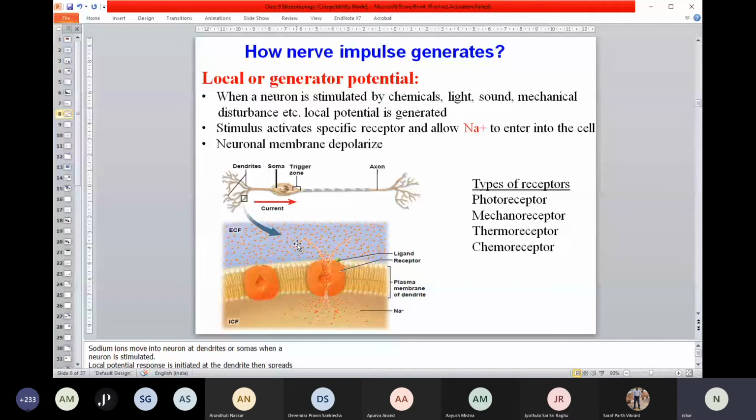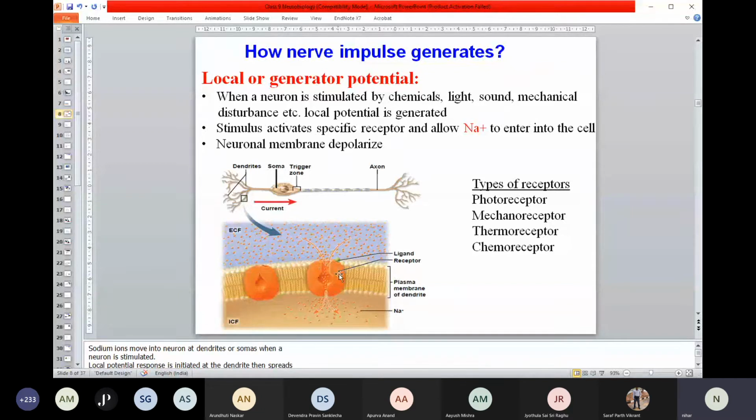You can see in this picture another example, the case of taste. Whenever you feel sweet, bitter, or sour, just think of sugar. You take sugar and you feel sweet. The sugar molecule comes and binds with a specific receptor present on the taste buds of your tongue and activates those receptors.